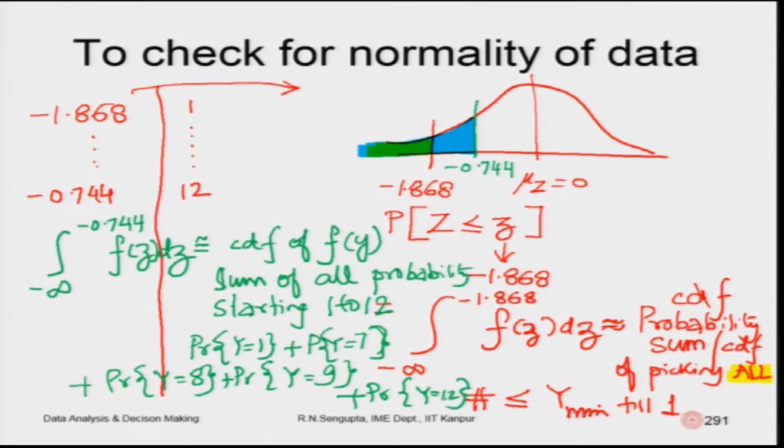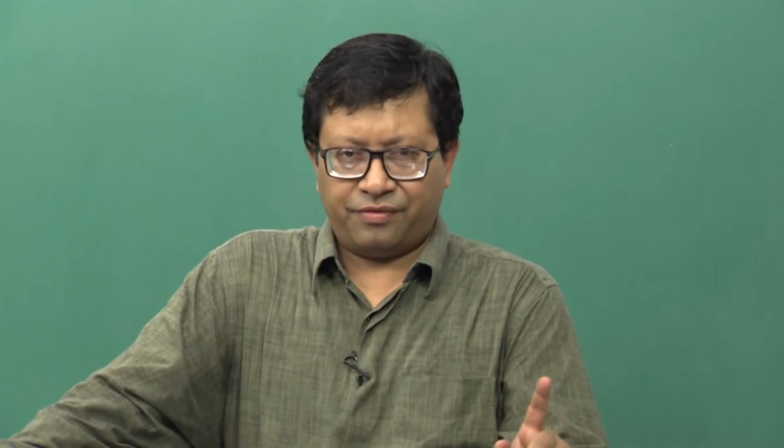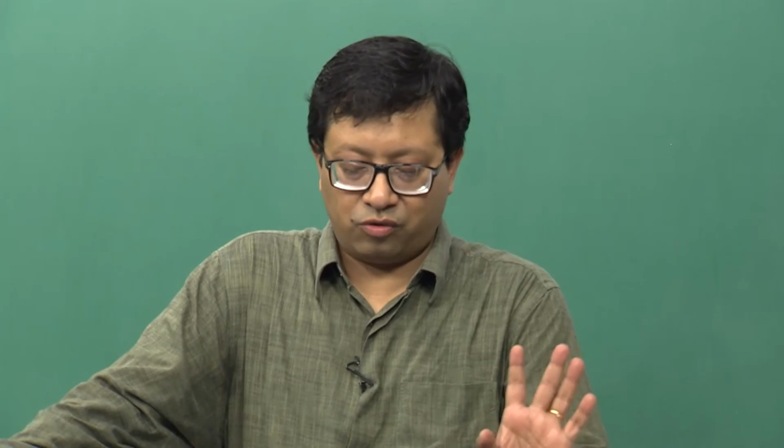So, if I add up all the probabilities, that probability is the CDF, and that CDF should be exactly equal to the CDF value for the standard normal from minus infinity to the value of minus 0.744. Now, actually what you are doing is a one to one correspondence, and what is that correspondence, I will create another chart, another blank sheet and explain.